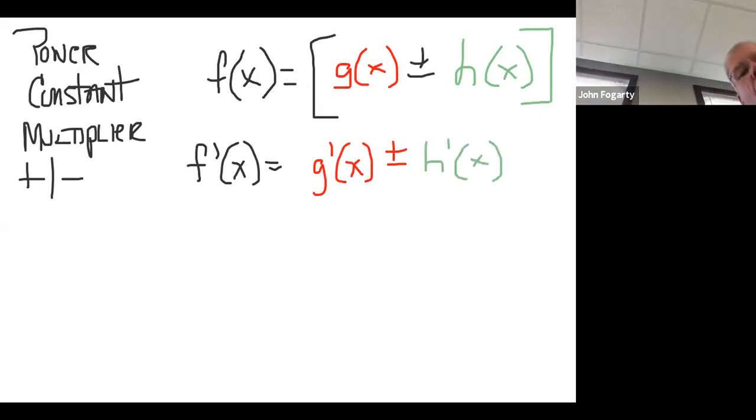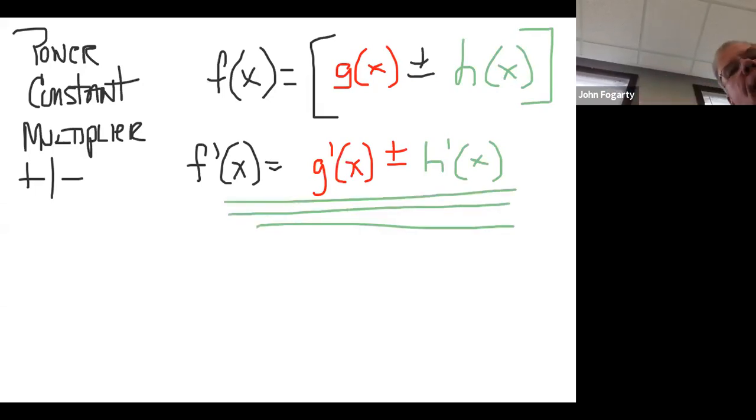Now, what does that mean to you? Well, what that means is if you have a polynomial and you're asked to give me the derivative of the polynomial, all you got to do is find the derivative of each little term. That's it. All righty? So let's see what that looks like.